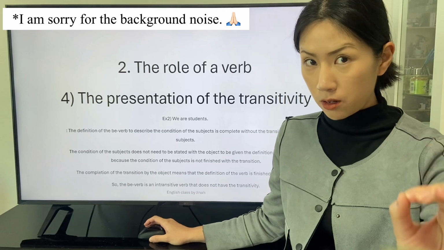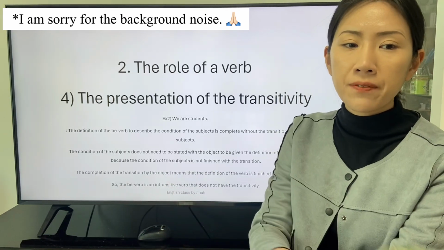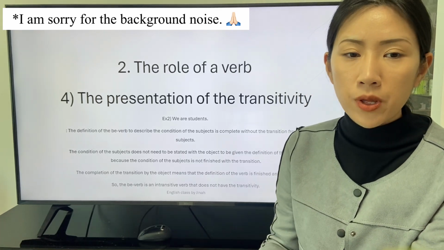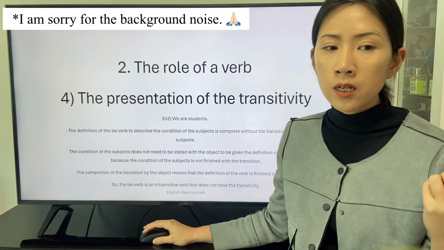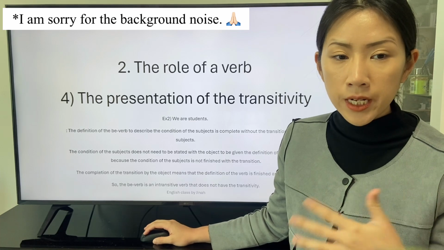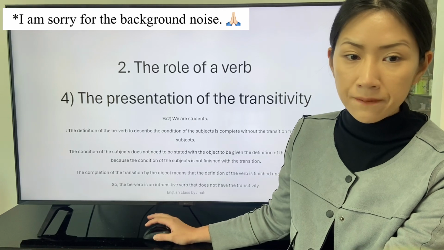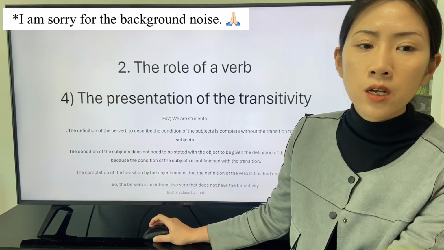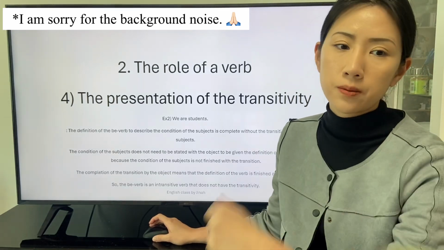There is a clause. We are students. The definition of the be-verb to describe the condition of the subject is complete without the transition from the subject. The condition of the subject does not need to be stated with the object to be given the definition of the be-verb because the condition of the subject is not finished with the transition.